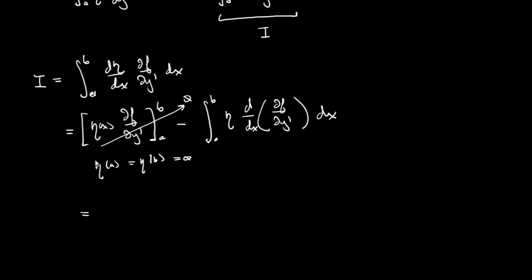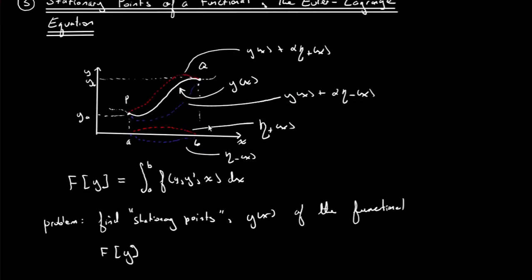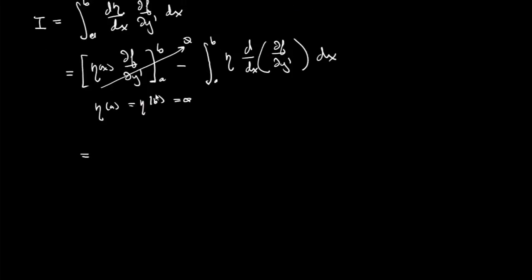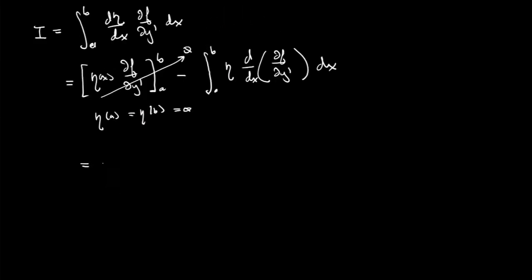And that's just a consequence of us choosing eta to be an honest-to-goodness variation so that we always land on the endpoints, no matter how we vary it. And, well, we have this left over, the integral from a to b of eta d dx of df dy prime, and this is integrated with respect to x.